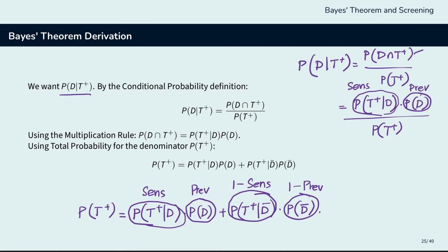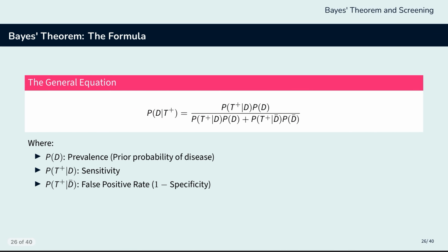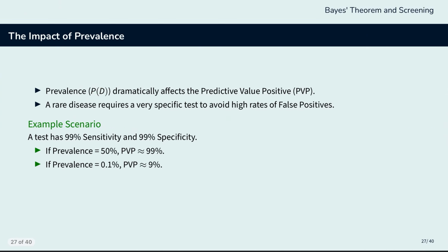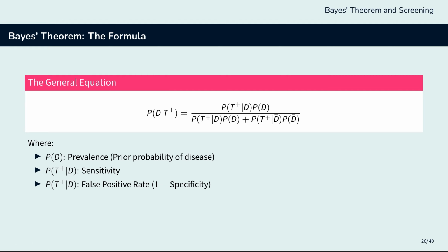So rewriting everything, we have this formula right here, where P(D) is nothing but prevalence. Prevalence is the prior probability of the disease, which basically says what is the chance that the disease is present in the population. So what is the probability of the disease in the population? Now, replacing the formulas, we can always calculate the values right here.